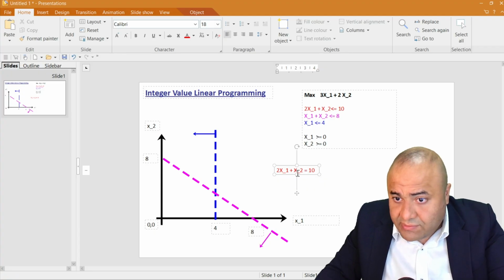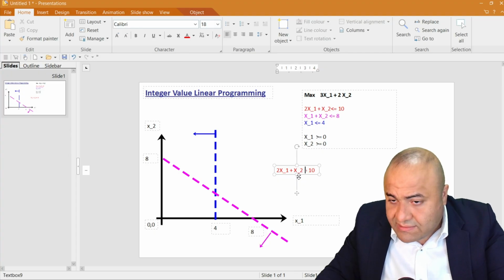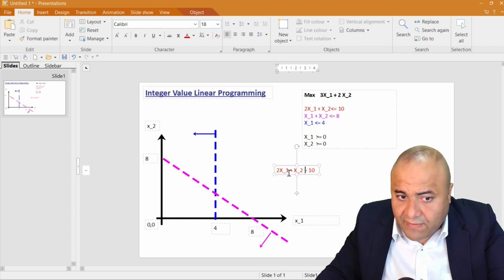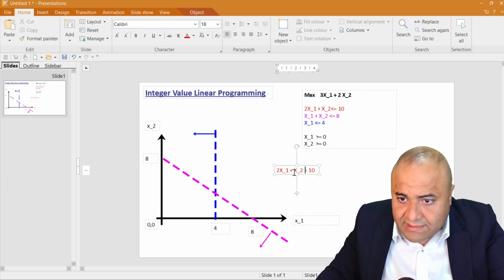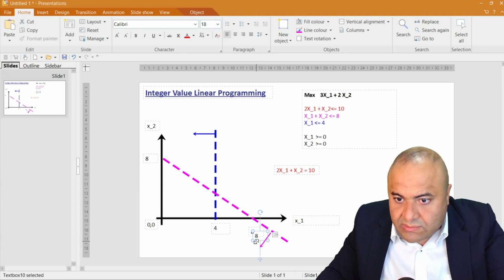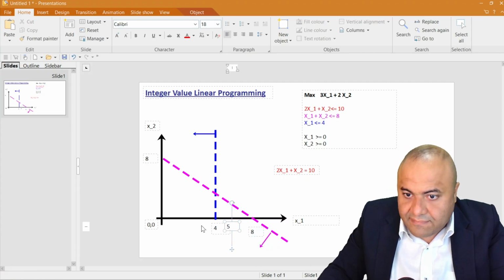And then we put x2 is 0. So when x2 is 0, where is going to be x1? x1 will be 5. So x2 is going to be 0 here. x1 will be somewhere here. So it is going to be about here, which is 5.